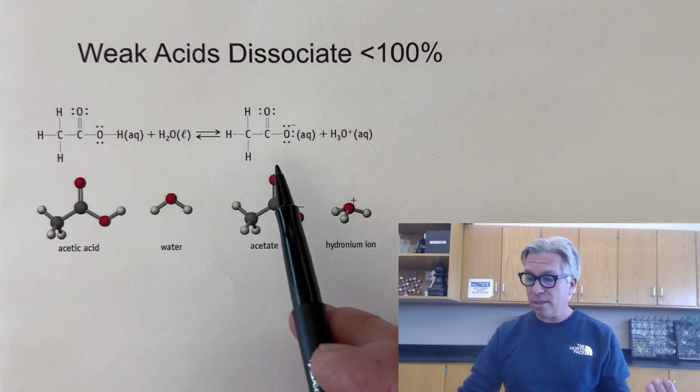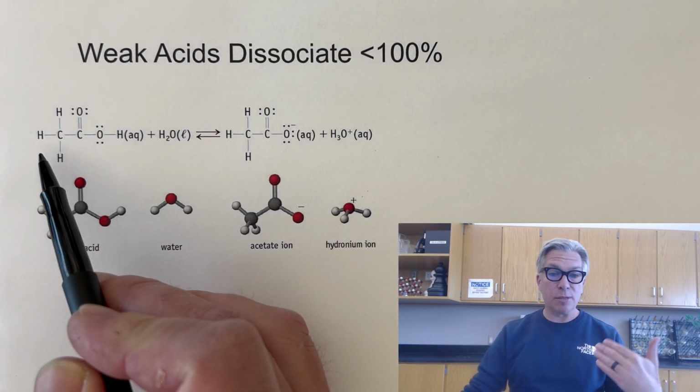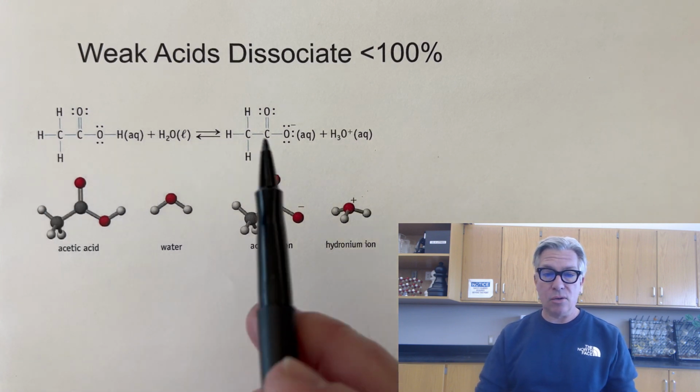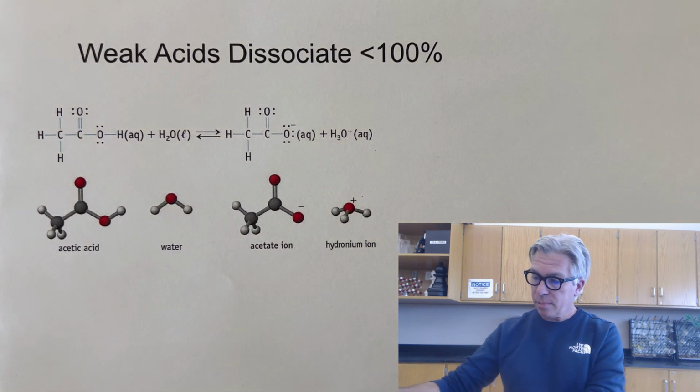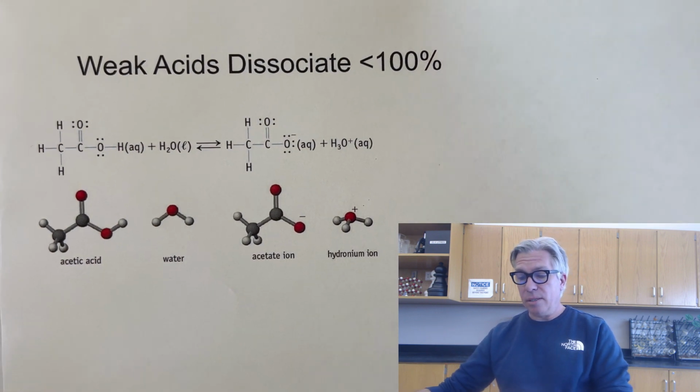But as that does, the odds of this connecting with this again and reattracting its proton increases, and so eventually you get an equilibrium out of that. This is acetic acid. There are lots and lots of weak acids because there's only 6 strong acids. All the rest of them are weak.